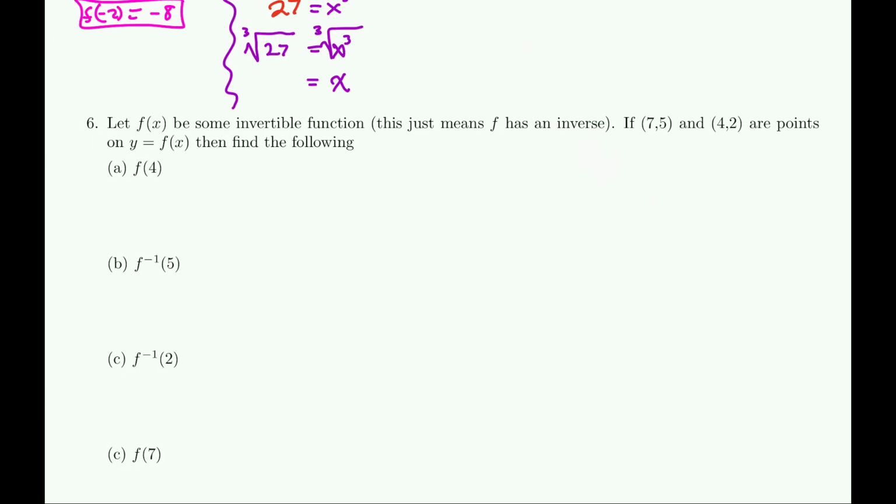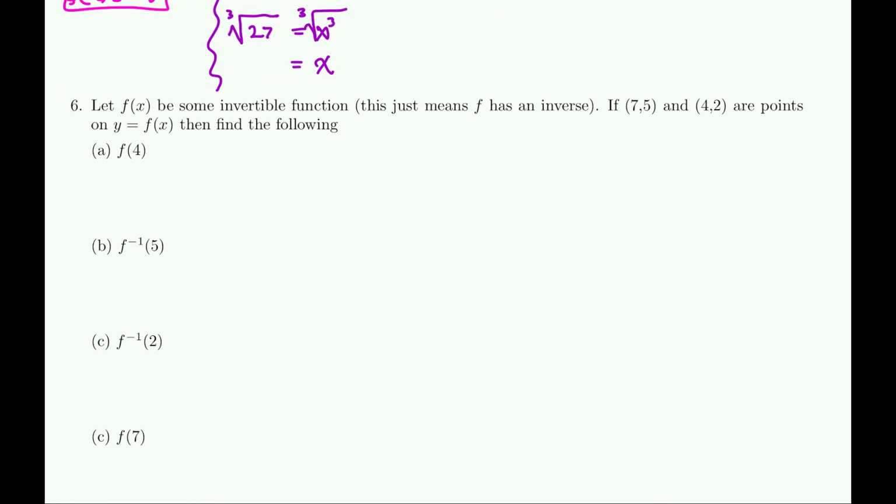All right, here's a couple more things involving numbers. This is basically the same as a table. Let's see what it says. F of x is some invertible function. That means f has an inverse. And 7, 5 and 4, 2 are points on y equals f of x. Find the following.